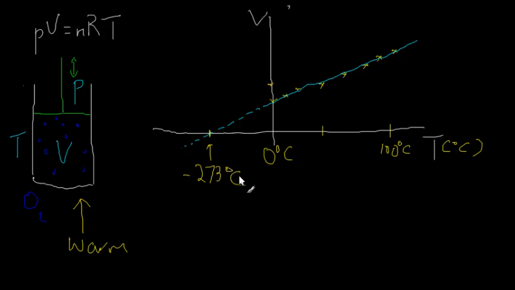Now today, if you have learned something about temperature in science, you would probably have seen this number, minus 273 degrees, before, and you might even have heard that we call it absolute zero, and that no temperature can go below this temperature.